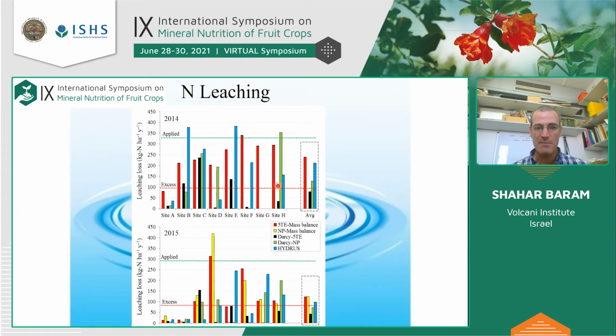The red line is based on the mass balance approach, and the green line is how much is applied. There's huge variability over the orchard, but if we look at the average for both years, the mass balance line more or less fits with all our calculated fluxes on average.